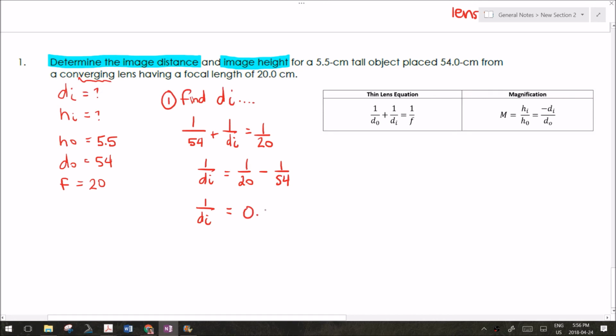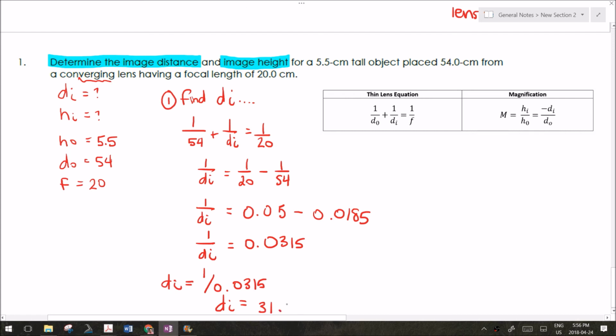In this case, I don't need to actually round at all. 0.05 minus 0.0185. One over dI is equal to 0.0315. So from here, I need to solve for dI, so 1 over 0.0315 is equal to dI. And the distance of the image, if I divide those, is 31.76 centimeters.